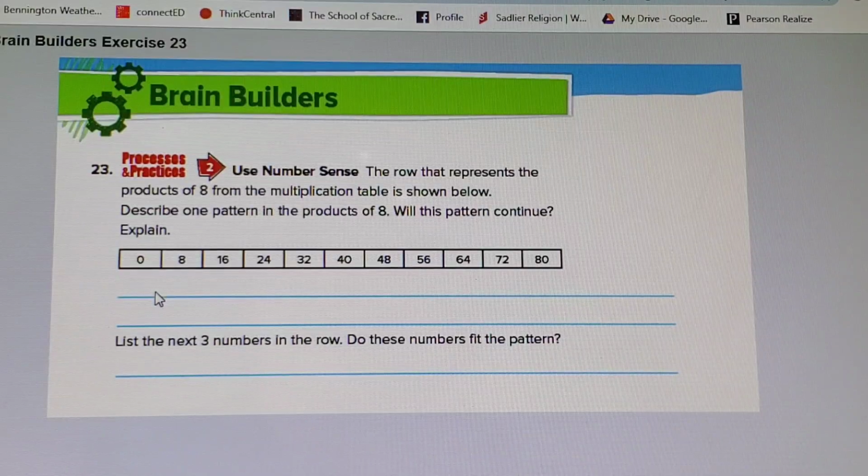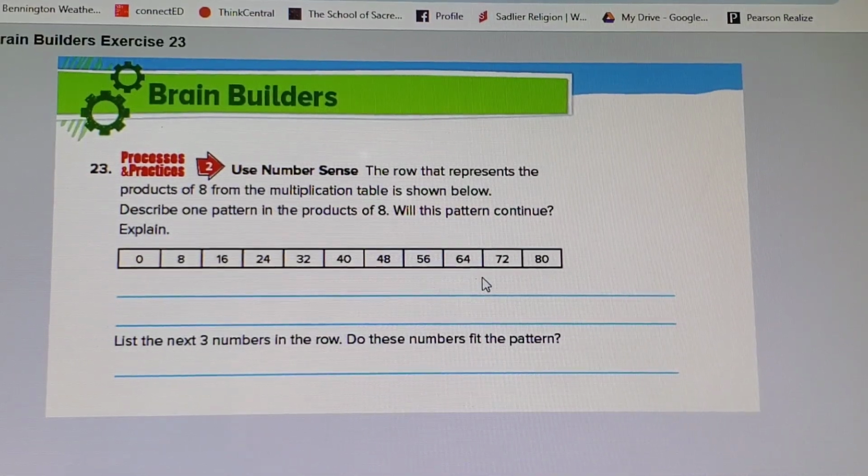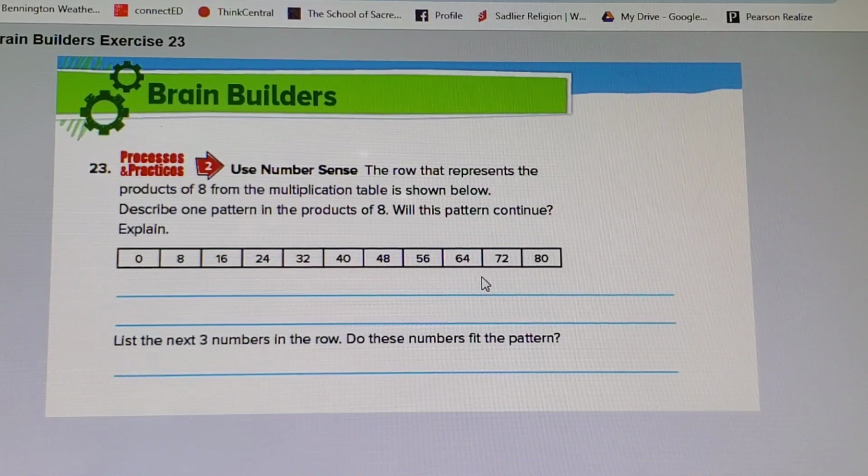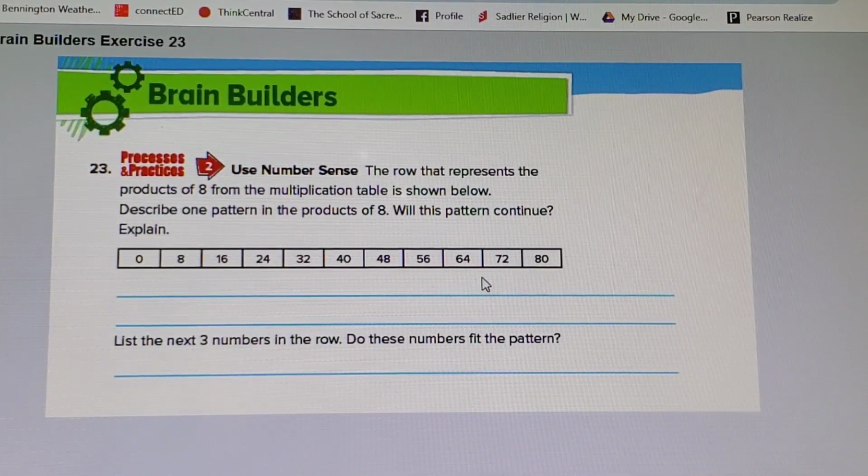Well, yes, they're counting by 8, but let's look. 0, 8, 16, 24, 32. Look, 0 in the ones, 8 in the ones, 6, 4, 2. How are they all ending? In the ones, there's always an even number.